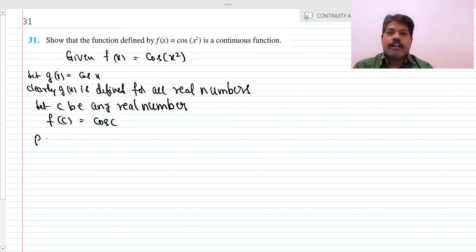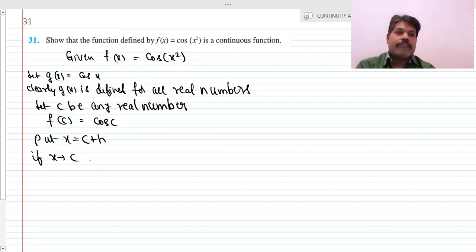Next, put x is equal to c plus h. If x tends to c, as we already proved, h tends to 0.